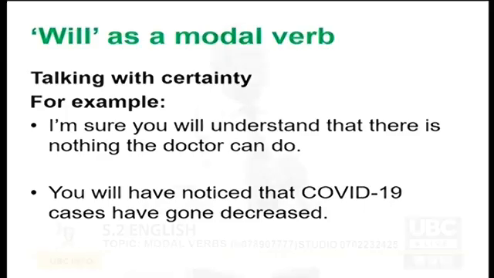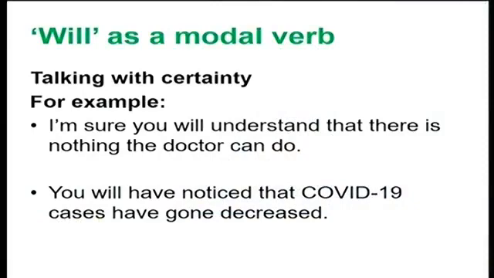Remember, the first part we said we use will to show prediction. In this case, we are looking at another way we can use will as a modal verb, and that is to show certainty. Please note down the sentences that you'll be sharing with me as the lesson progresses. Another example I can give is, you will have noticed that COVID-19 cases have decreased.